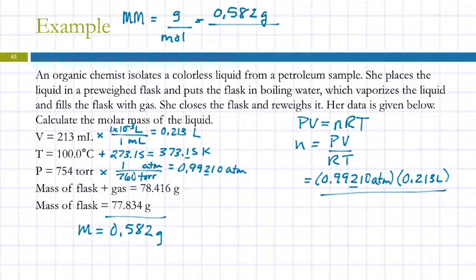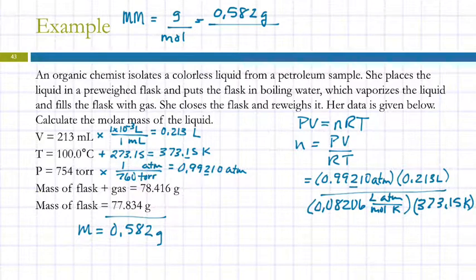Divided by R, and T, 373. Atmospheres cancel, liters cancel, Kelvin cancels.